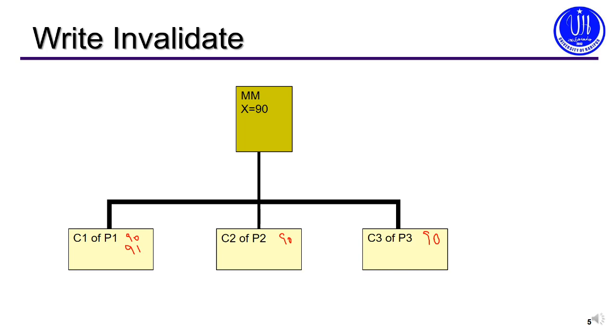This processor will send a signal to the other processors who are sharing this value that this value is invalid. So the other processors cannot write this value. Only one processor can write. So they can only read this value.